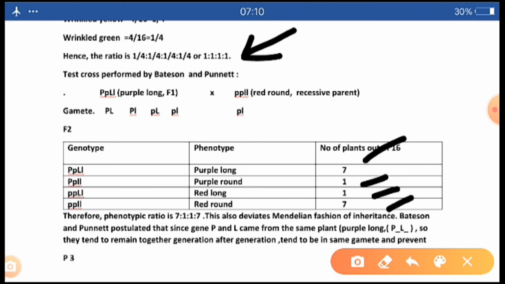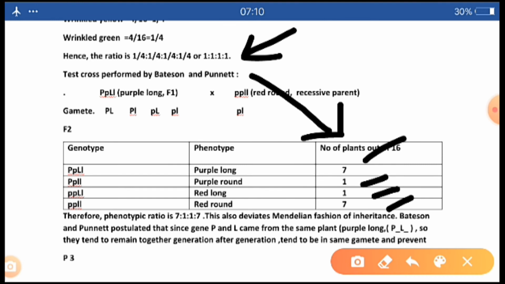The actual conventional ratio is 1:1:1:1, but it appeared as 7:1:1:7. Again, it is a deviation of Mendelian principle. Now they explained the cause behind it.